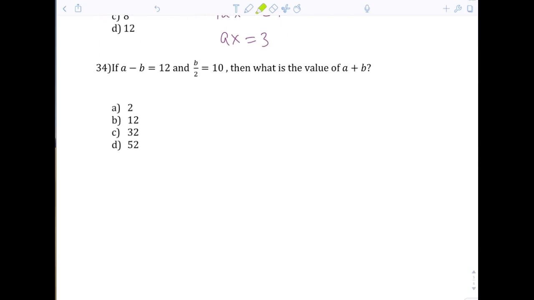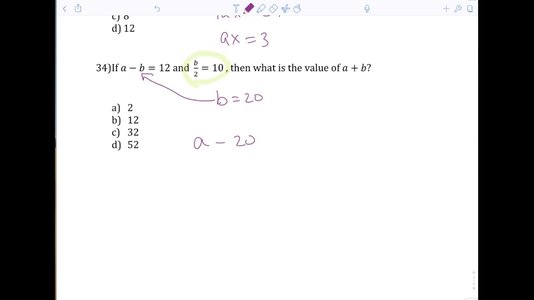Okay, so if A minus B equals 12 and B over 2 equals 10, what's the value of A plus B? I need somebody to tell me, if B over 2 is 10, what is B? Everybody should have looked at this and said, wow, that's really easy. B is equal to 20. Now, if B is 20, you plug it right in here.